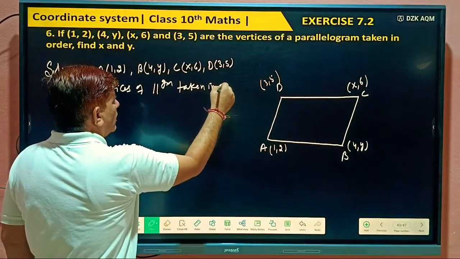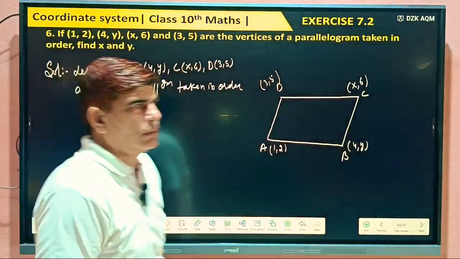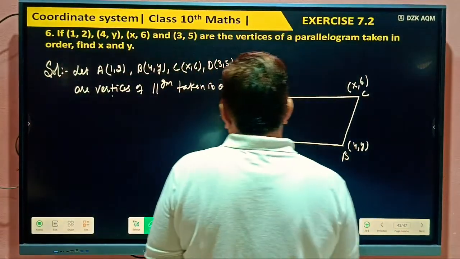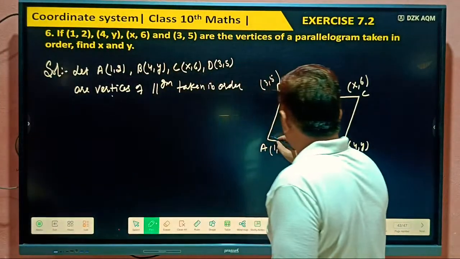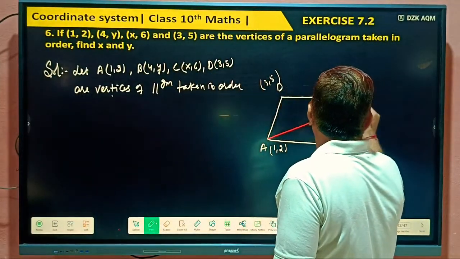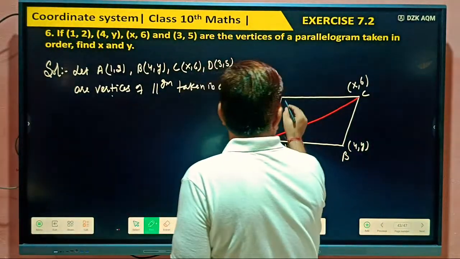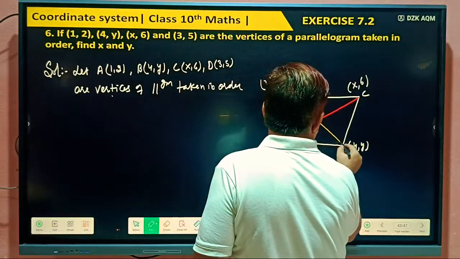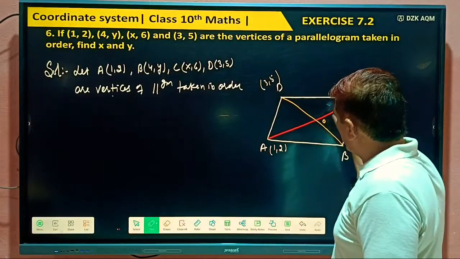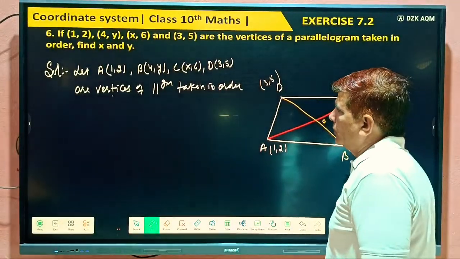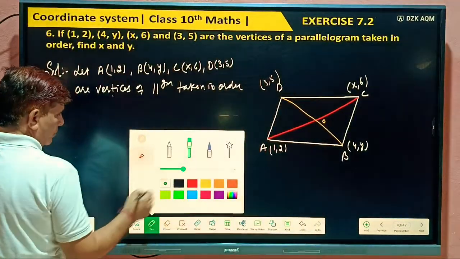Taken in order means if this is first, then second, third, and then fourth. Understood? Now we know that the diagonals bisect each other. One diagonal is this, another diagonal is this. They are cutting at a point O. So this cutting divides in the ratio 1 is to 1.